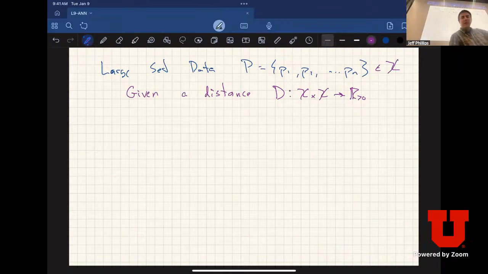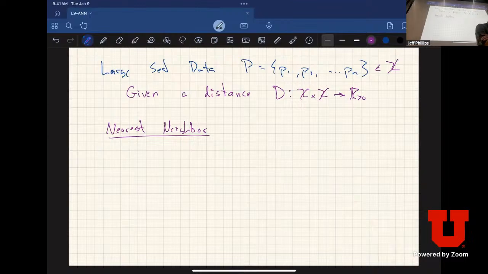So we have some distance, and the common goal we would like is to find the nearest neighbor. And we're going to define a function for this, which we will use for a bit. We're going to call this phi of P, and this will be for a query q in this space.